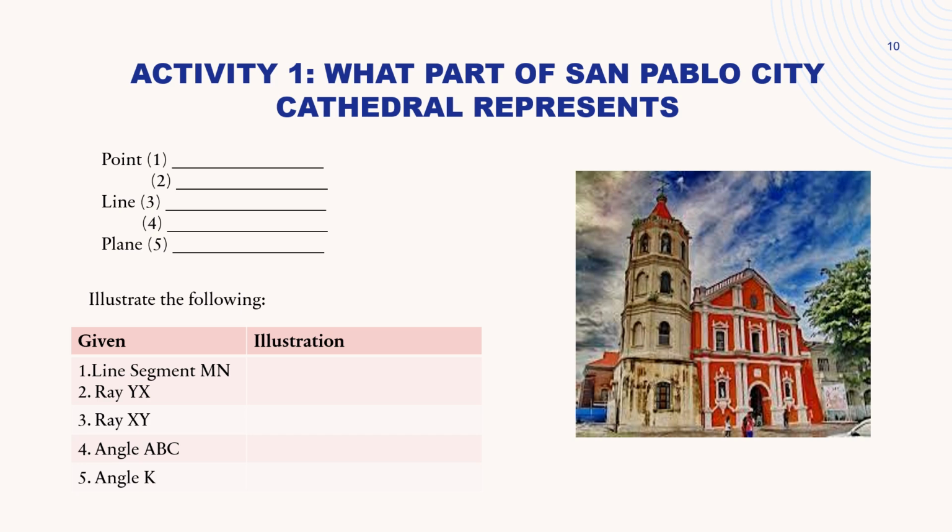How are you going to write line segment MN? For example, if it's a segment, it contains 2 points, like this one. This is MN. All right, so you have now already answered. Let's continue your work until you get to angle K.